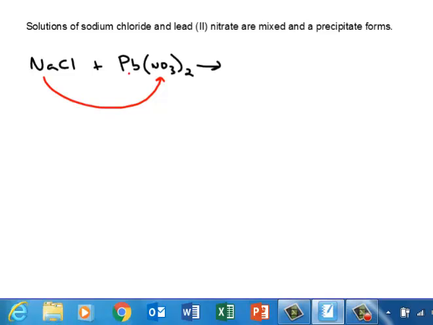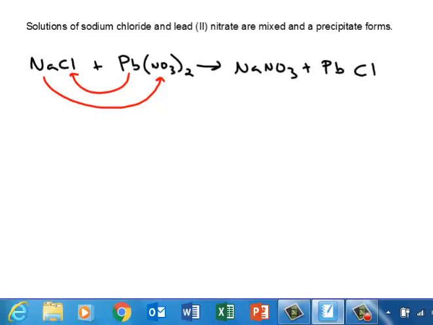And I'm going to take my positive ion on the lead nitrate and bond it to the negative ion with the sodium chloride. Okay, the positive from the left reactant bonded with the negative on the right reactant. The positive on the right reactant bonded with the negative on the left reactant. And this is what I end up with, NaNO3 plus PbCl.